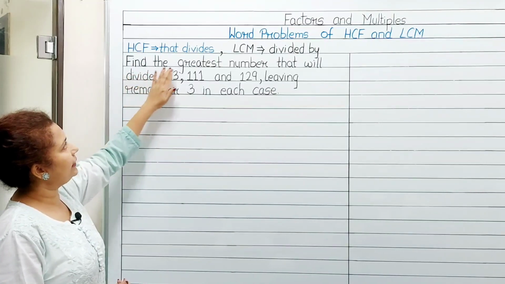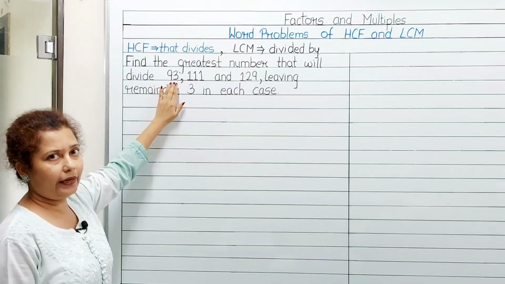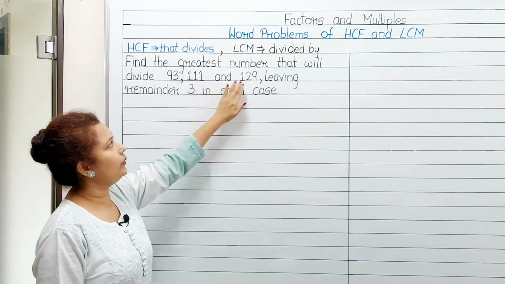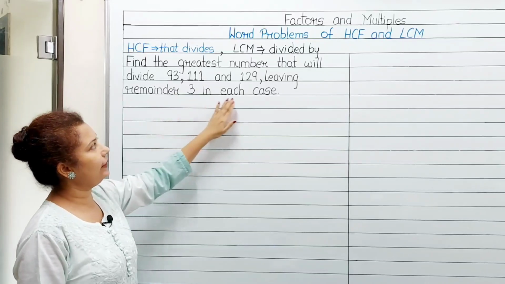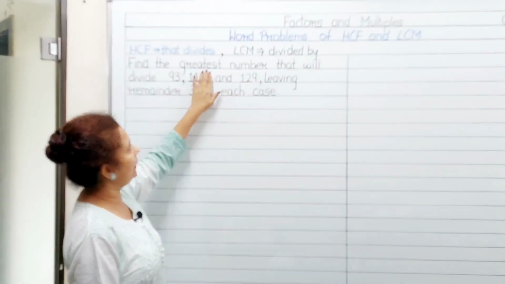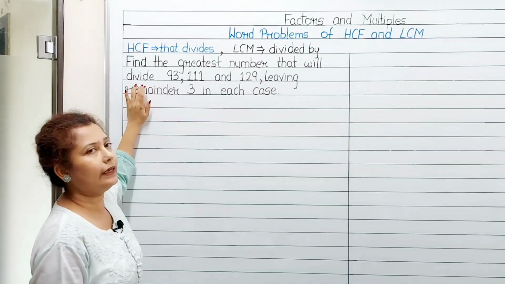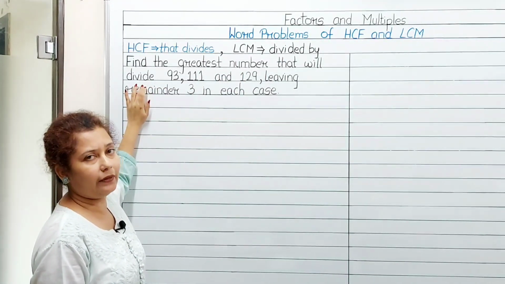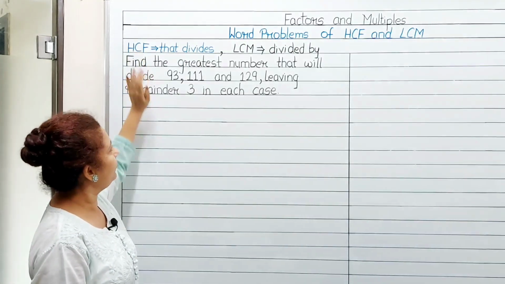Next sum, find the greatest number that will divide 93, 111 and 129, leaving remainder 3 in each case. So here the keywords are greatest number that will divide. So here that will divide is given, that means we have to find HCF.